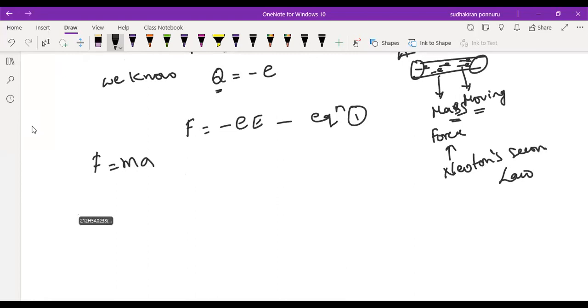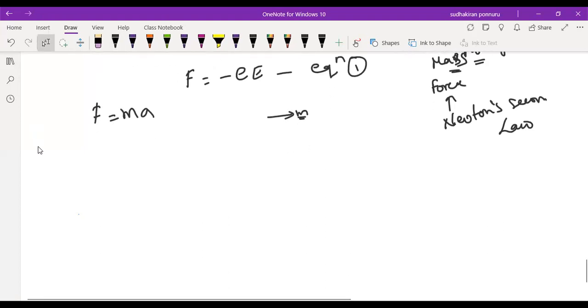Whenever you have a particle in movement, having some mass m, the force is given by F is equal to m into a. Here m is nothing but the mass of the electron, and a is the acceleration.